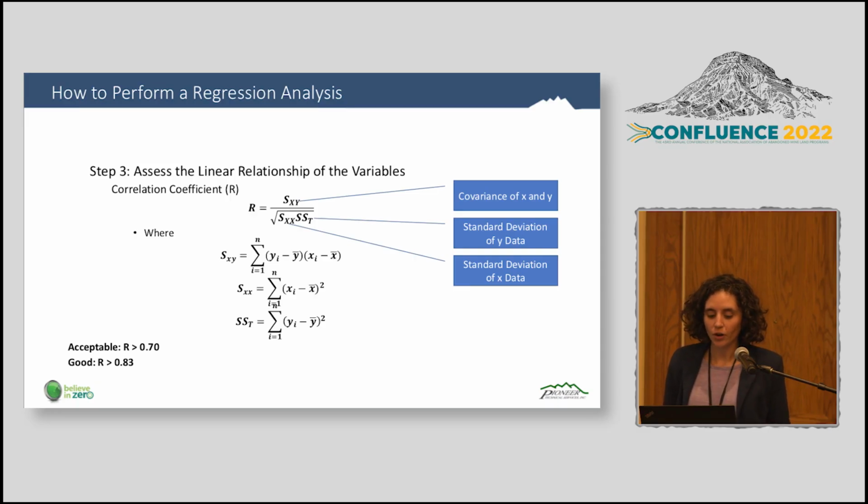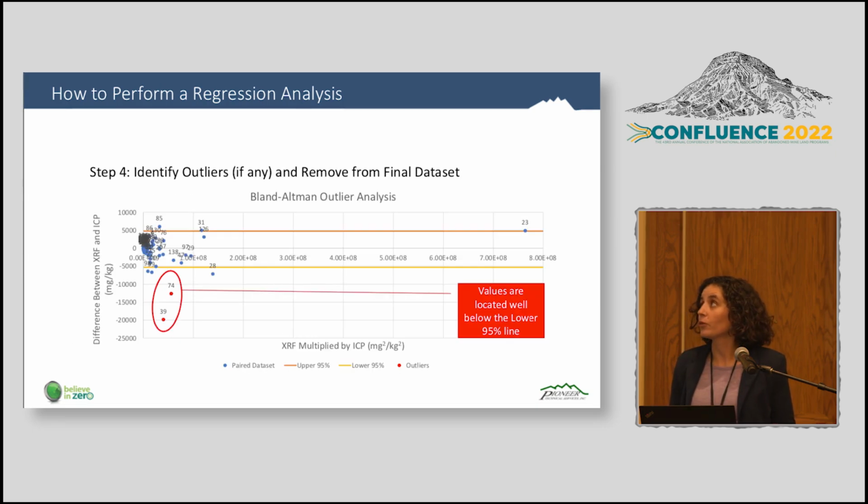So step 4 would be to identify outliers, if any, and remove them from your final data set. This is a newer outlier analysis method called the Bland-Altman outlier analysis. Here we are plotting the product of your XRF and ICP on the x-axis, and then the difference between the XRF and ICP concentrations on the y-axis.